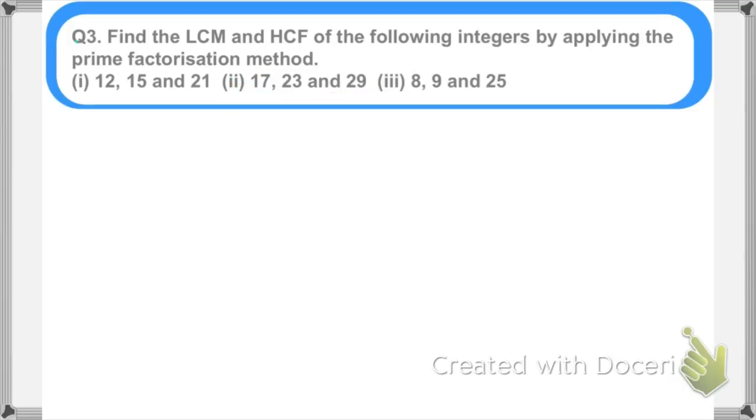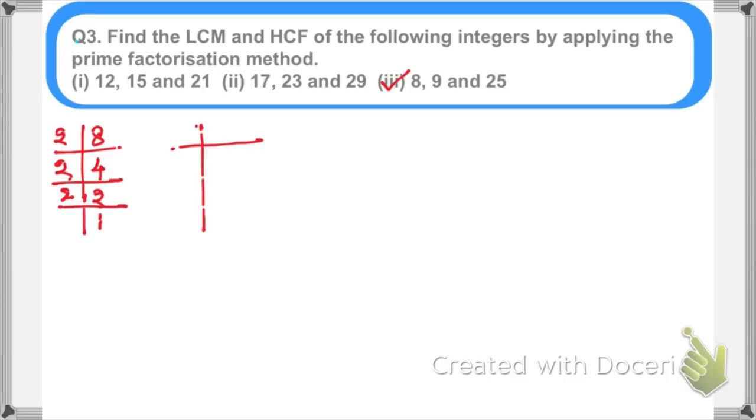Now the next question is 8, 9 and 25. For the prime factors of 8, first we divide by 2: 2 4s are 8, 2 2s are 4, and 2 1s are 2. Now for 9 we will do the same way. It won't be divisible by 2 as 9 is an odd number.